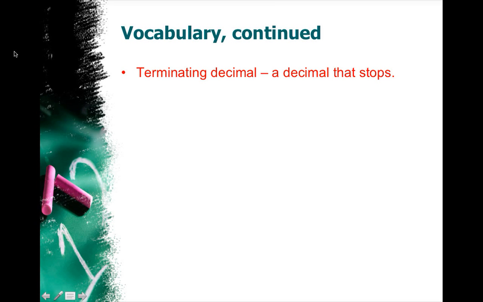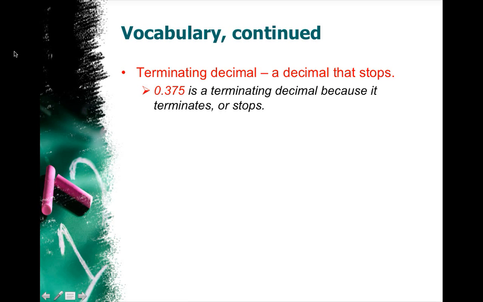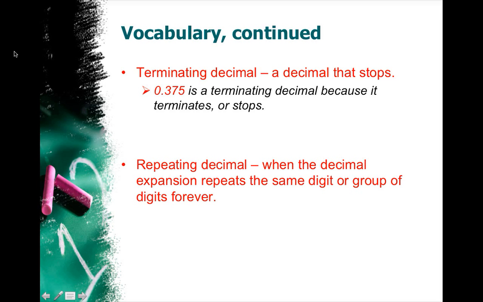We'll continue with some vocabulary words. A terminating decimal is a decimal that stops. For example, 0.375 is a terminating decimal because it terminates or stops. A repeating decimal is when a decimal expansion repeats the same digit or group of digits forever.